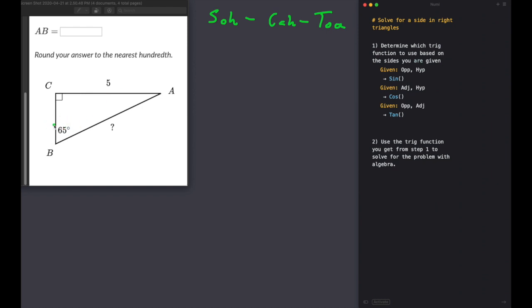Okay, so I have this angle B here. This 5 is going to be opposite B, and this question mark is going to be my hypotenuse. So I'm given an opposite and a hypotenuse, so again, I'll be dealing with sine. My formula for sine is: the sine of my angle is equal to the opposite over the hypotenuse.